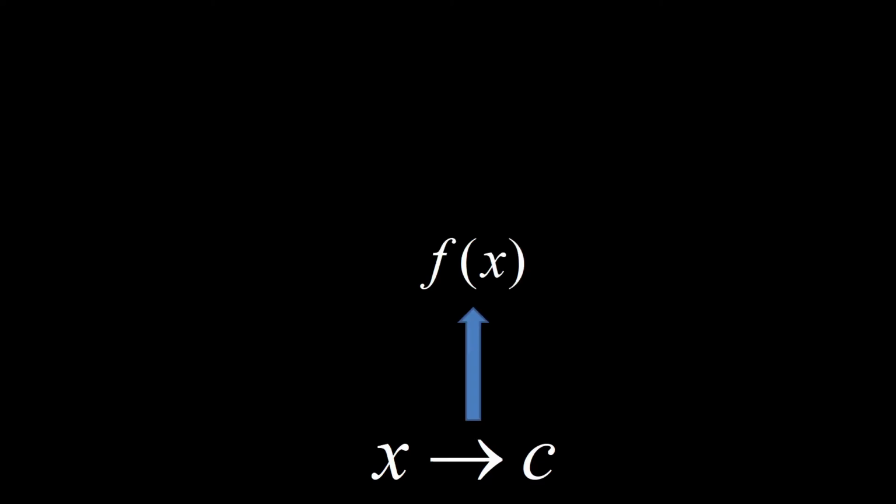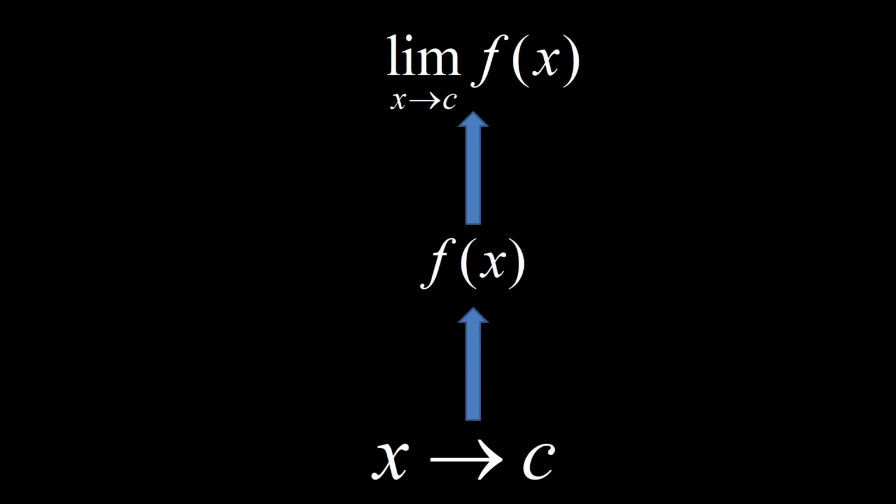Now, previously, with functions, you would just plug some number in. But in essence, we're plugging in all of these values that represent x going to c. We plug all this into the function, and plugging all this into the function is what we get as the limit then.